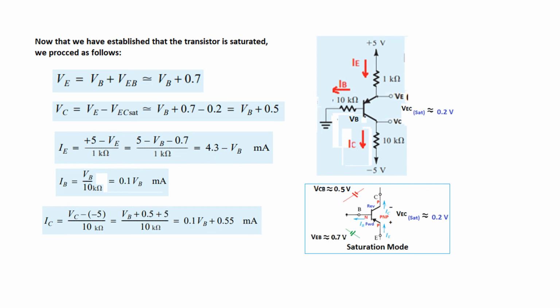Now all these terms are in terms of VB. Since we don't know VB, we have to first of all find VB. So we were here, we had all these values in terms of VB, and now we'll try to find VB.